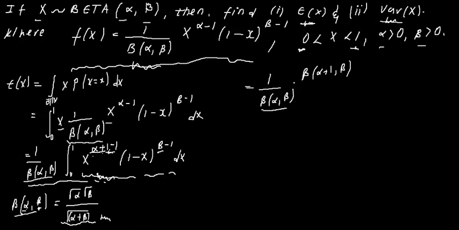So we ask ourselves, if this is equal to that, how about this? We're going to employ the same logic. We know that 1 is divided by this beta function, so we replace it with gamma of alpha plus beta, in brackets, divided by gamma of alpha, gamma of beta.